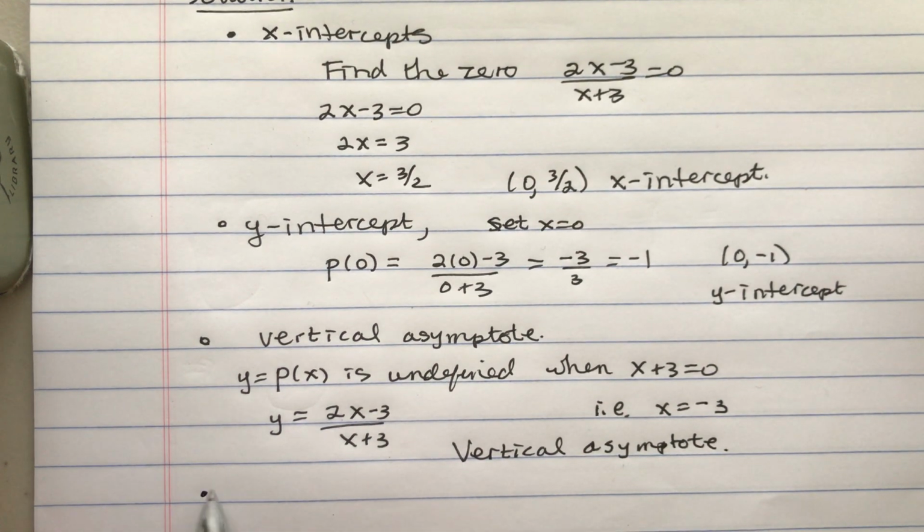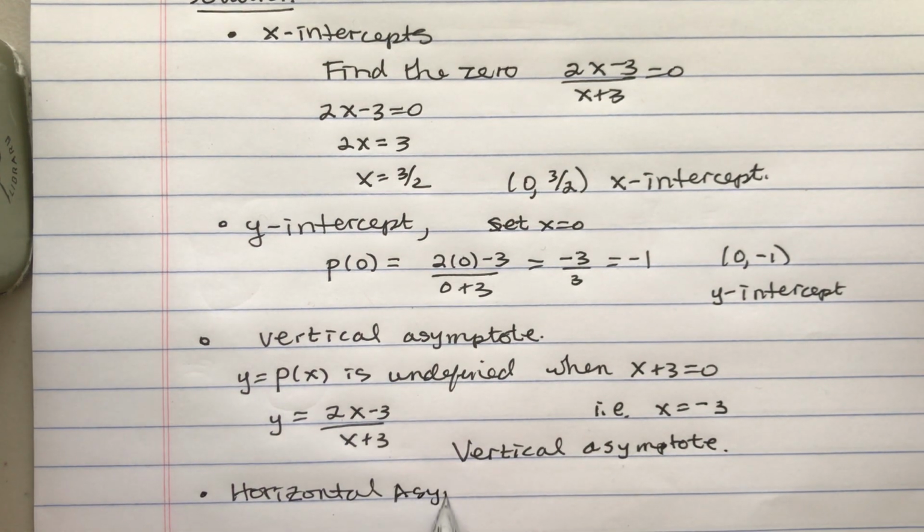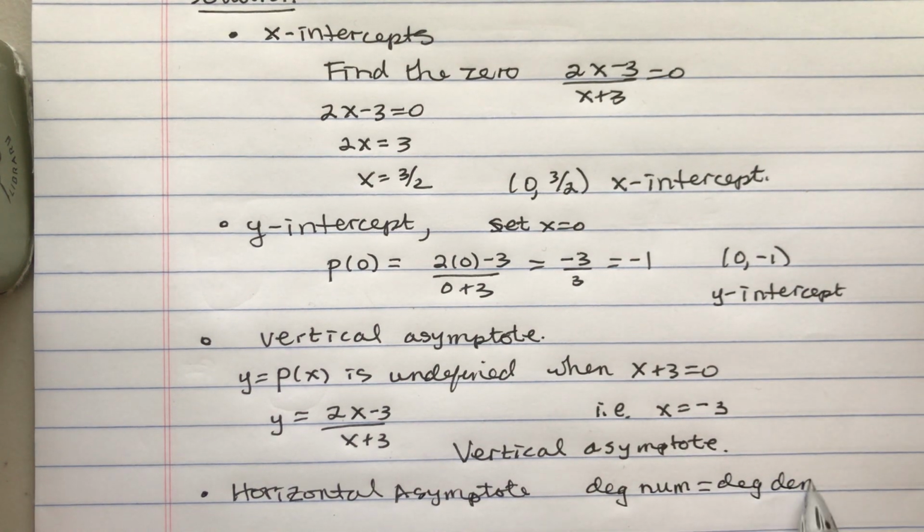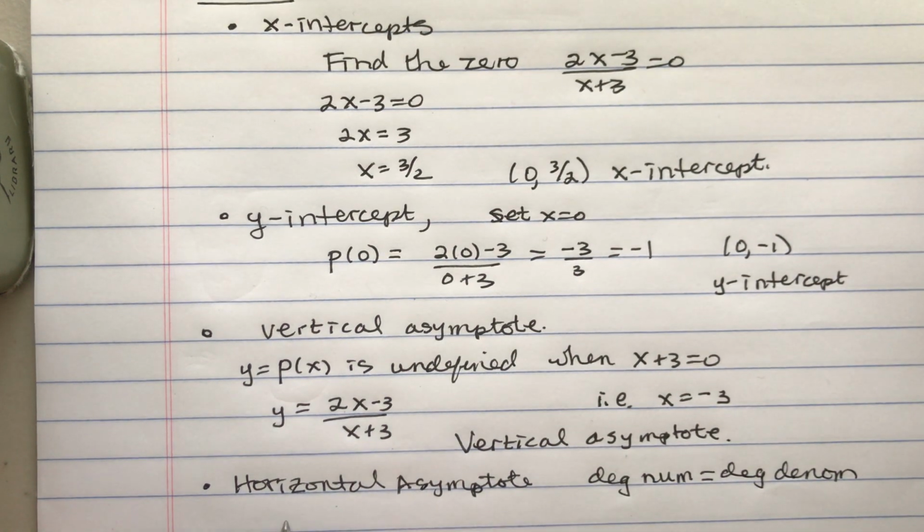And the horizontal asymptote, we use the simple rule that if the degree of the numerator equals the degree of the denominator, then the horizontal asymptote is the lead coefficient on the top divided by the lead coefficient on the bottom.